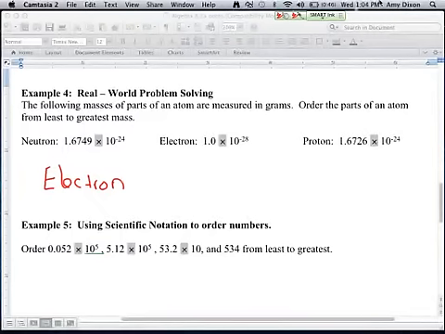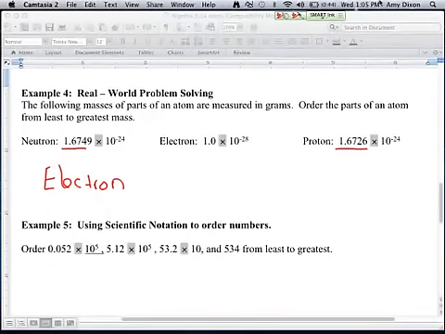So the first thing you do is compare exponents. You find your smallest exponent, and that's going to be your smallest number. If you notice, though, neutron and proton have the same exponent. So if you have two that have the same exponent, then where do you look? The leading number. So it goes all the way to 4 and 2. We got 1.674 and 1.672 on a proton.